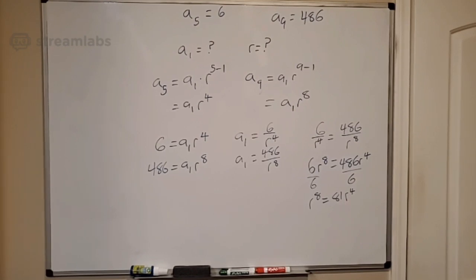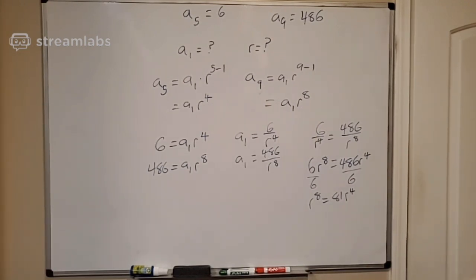The question is, can you divide by r to the fourth? And the answer is no. Two things. You can, on this problem, divide by r to the fourth. Can you generically divide by r to the fourth? And the answer to that question is no.